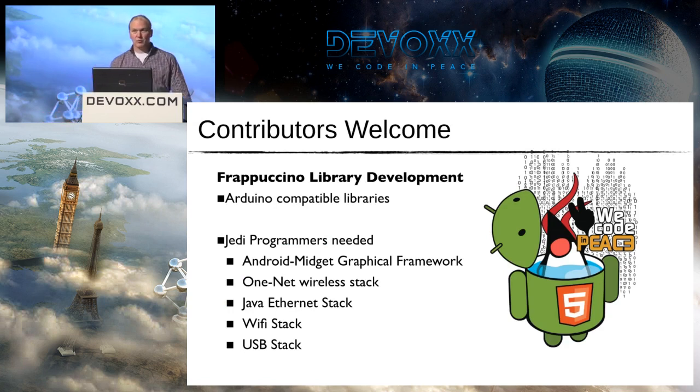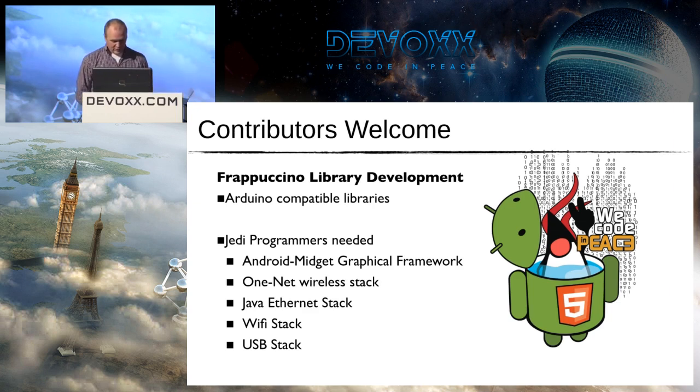So, since you guys are all red-hot Java developers, one of the reasons to come and talk about this is to interest you in joining the development effort of the Frappuccino library. At the moment, we've ported many of the Arduino libraries, but there's still many others to do.